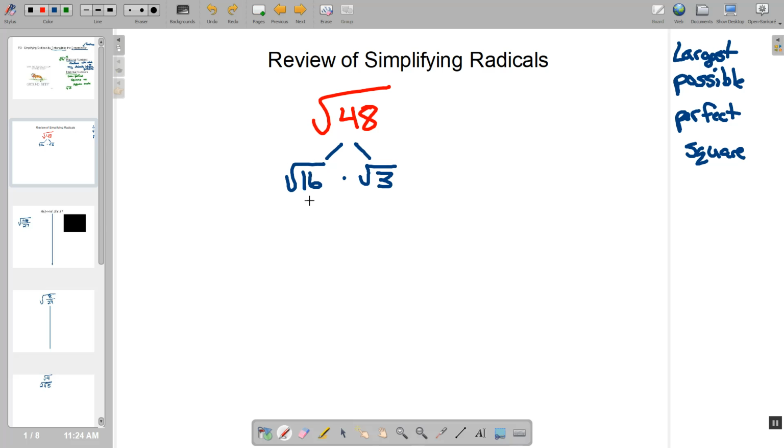We know that this number turns into the number 4, and this irrational number is going to just stay. Therefore, we have 4 times the square root of 3 is the same as the square root of 48.